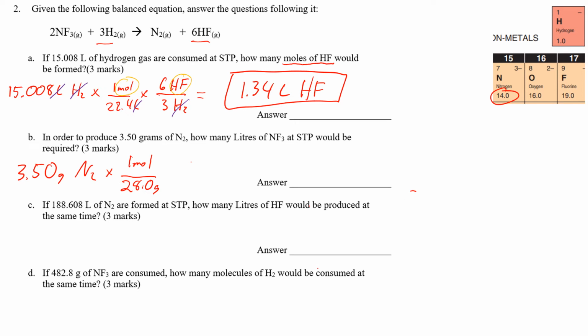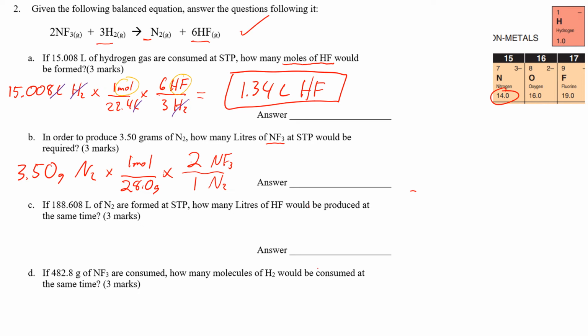Okay. So now my nitrogen is in moles, so I can use my molar ratio, and I can see that N2 goes on the bottom so I can cancel it out, and the thing that I want is NF3. So I'm going to put NF3 up the top, and there's no number in front of nitrogen, so it's just a 1. NF3 has a 2 right there, so I'm going to put a 2 right there.